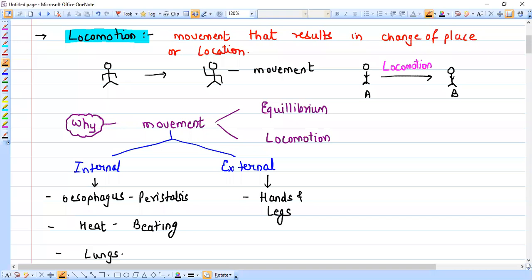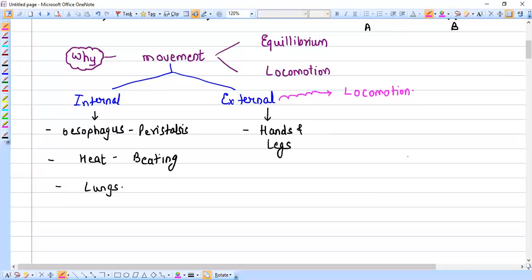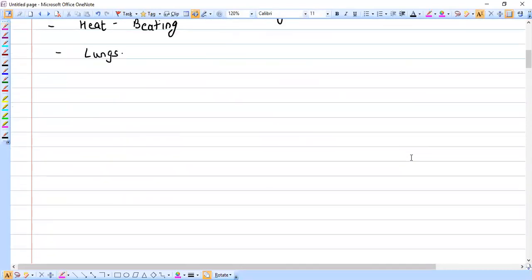Our hands and legs help in external movement. External movement is going to result in locomotion. Internal movement will never result in locomotion. External movement results in locomotion. Let's understand the different types of movement, because whenever we talk about movement, we have to remember the types of movement.